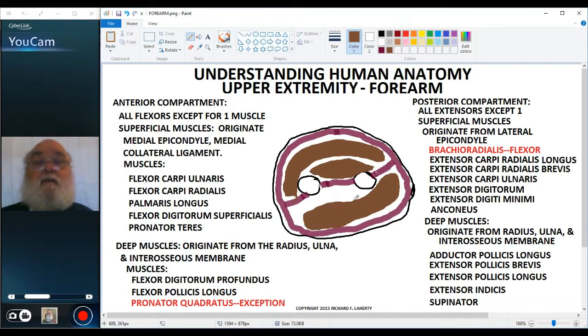And then the deep muscles drawn in, and we'll color that in.